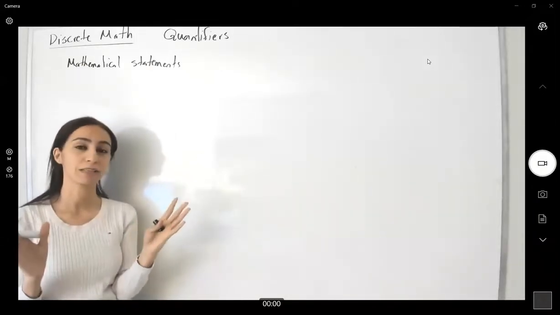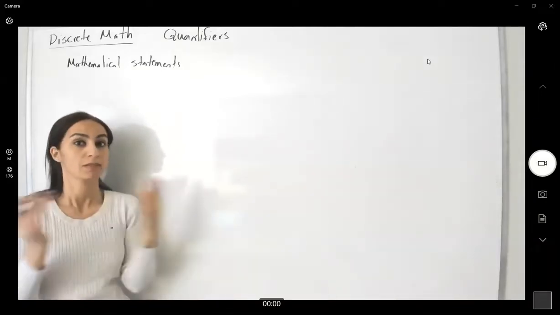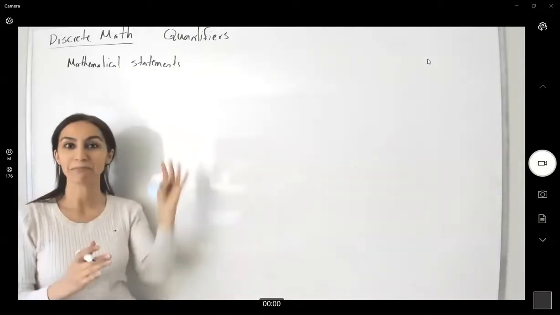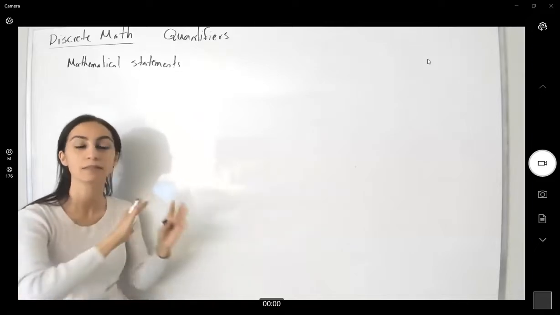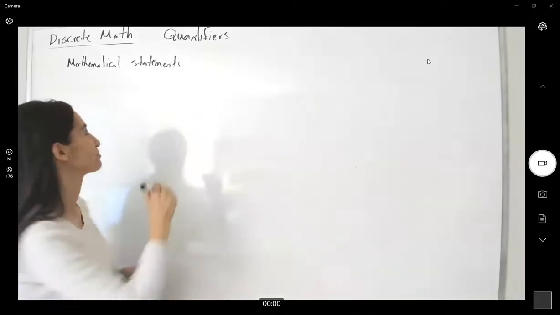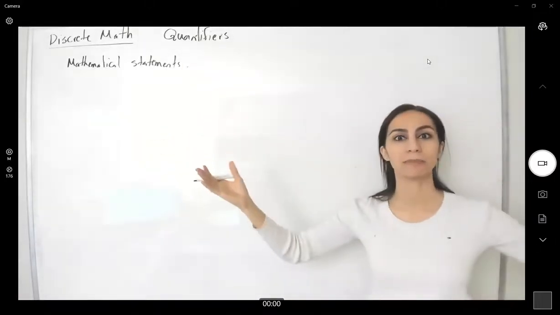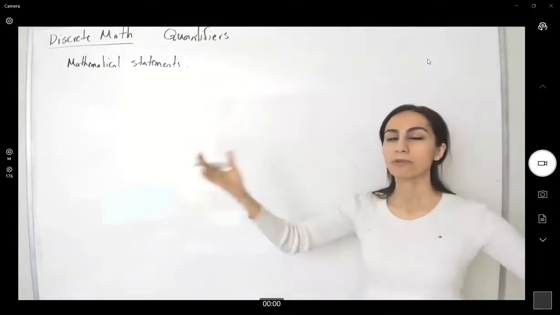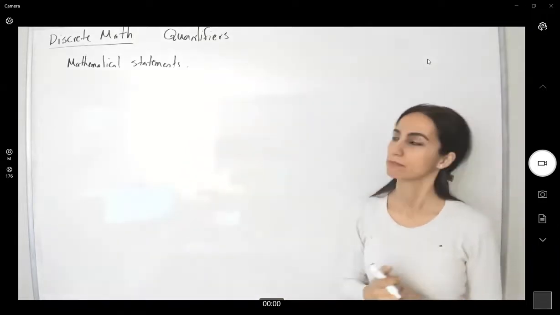It cannot be both true and false. Mathematical statements don't depend on something. You can verify whether they are true or false.